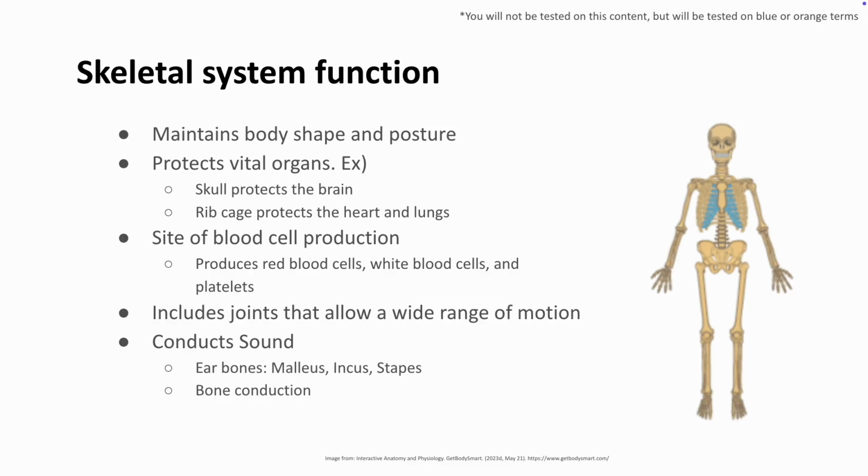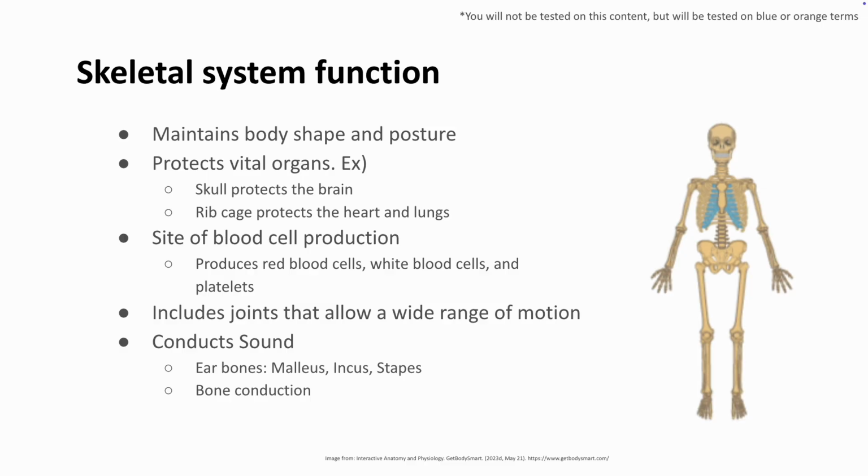Also, bone is involved in conducting sound, which is kind of interesting. You might have heard this for the first time. You actually have this thing called bone conduction. There are two ways of hearing things. Sound can come through and hit your tympanic membrane, or eardrum, and that will transfer over to that snail-looking organ, if you remember from high school bio class.